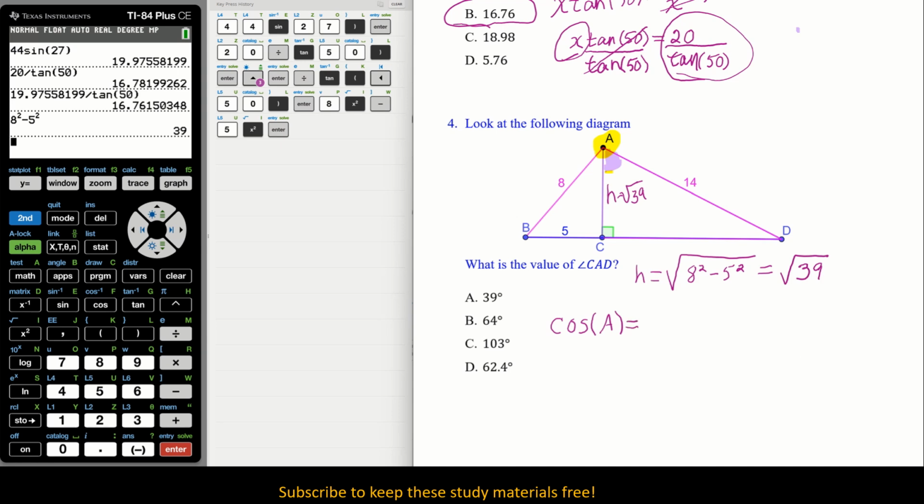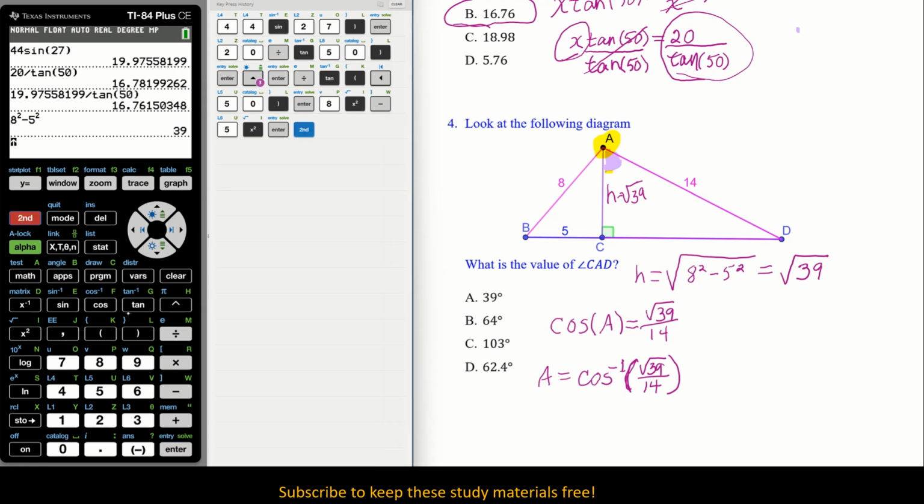So if we had cosine, that would be the square root of 39 over the 14. But we want A. So to get A, we know A equals the inverse cosine of square root of 39 over the 14. Okay, so let's put that in the calculator and see what happens.